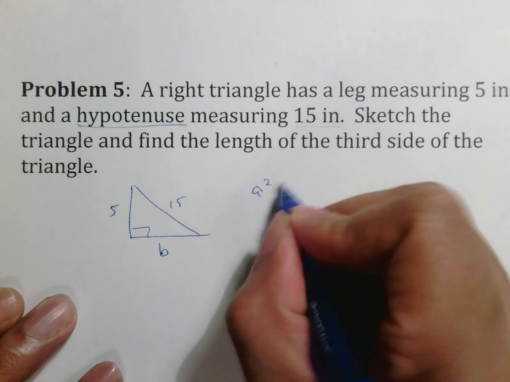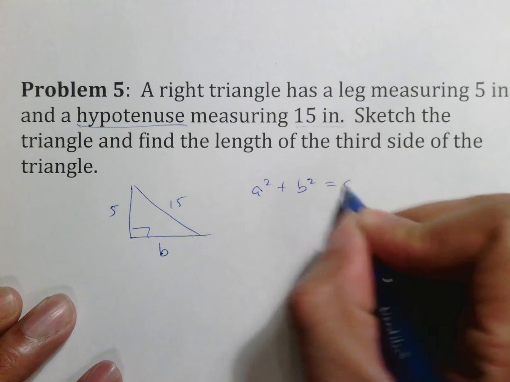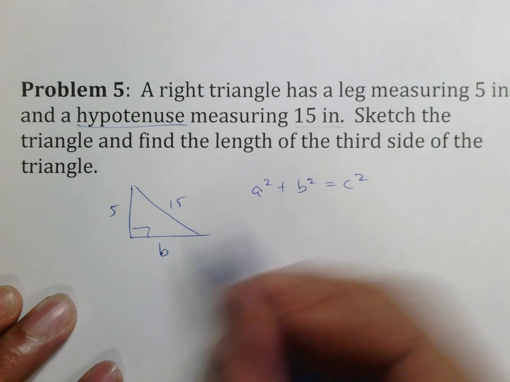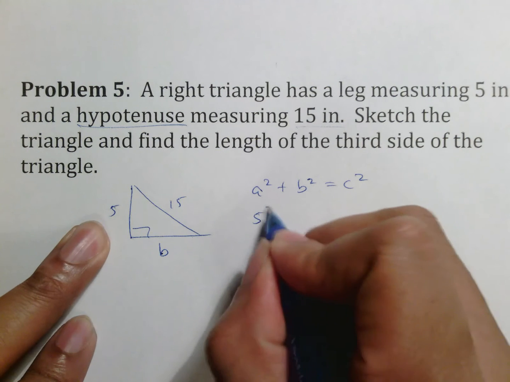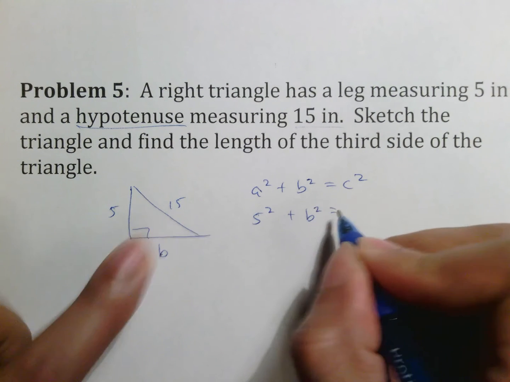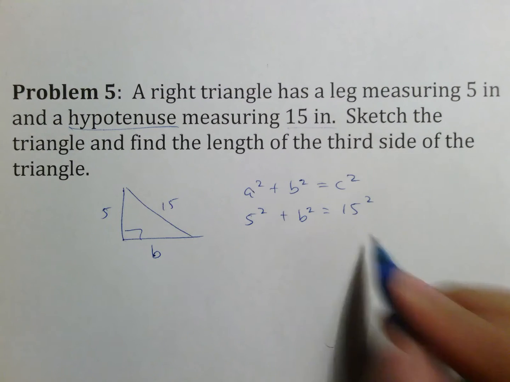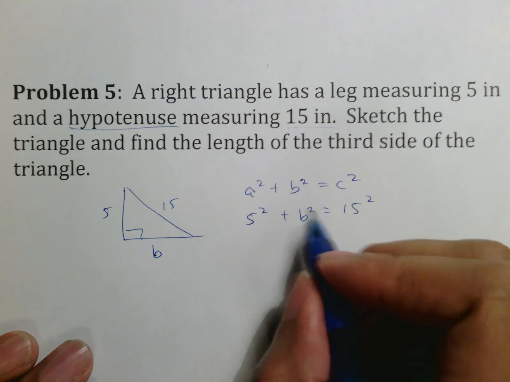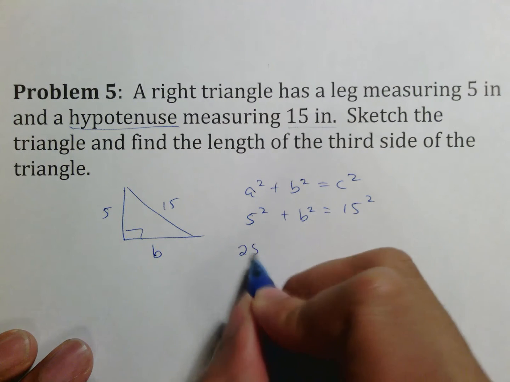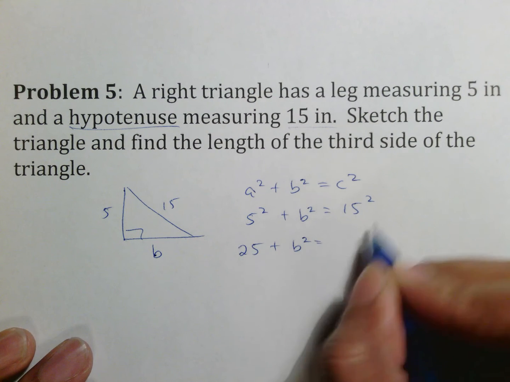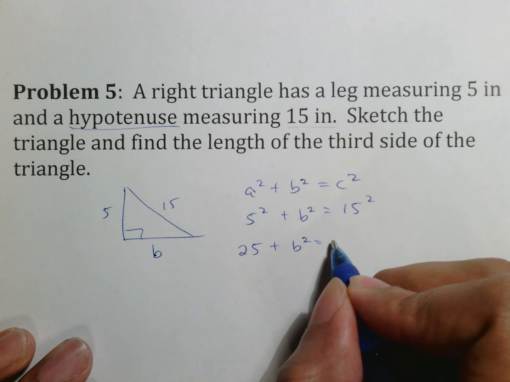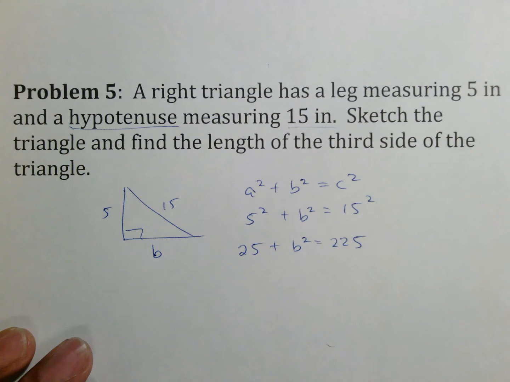But based off of what we know about the Pythagorean theorem, b squared is what we're going to leave, so we end up with 5 squared plus b squared equals 15 squared, because that's what c is. And then we do the same work we did. 5 squared turns into 25 plus b squared equals 15 squared, I believe, is 225.